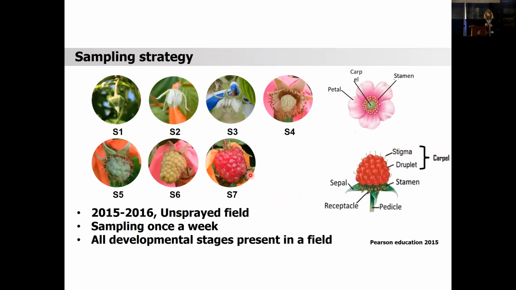In order to find out through which organ the fungus most frequently enters the plant, we also dissected all these developmental stages into their morphological parts, such as you can see here: carpel, stamen, petal, pedicel, receptacle, etc. This project was conducted over 2 seasons in 2015 and 2016 on an unsprayed field at the WSU Research and Extension Center. Sampling was performed once a week, and all developmental stages that were present at every sampling date were collected and brought to the lab.